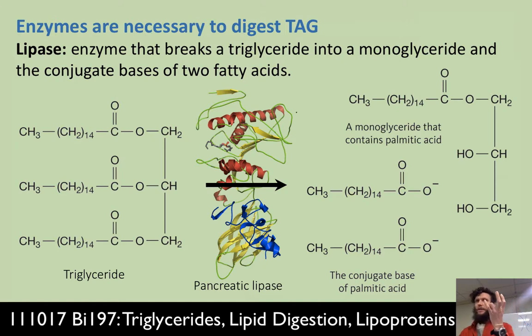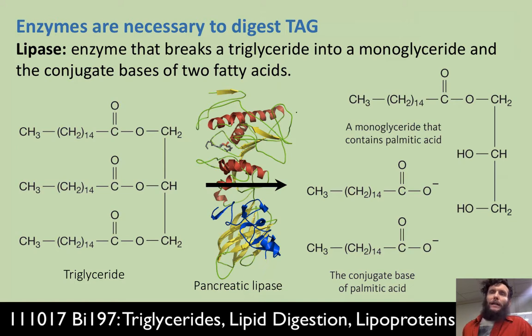And I said there was one other thing that we needed, and that was enzymatic digestion. The protein that does that is lipase. This is it. So just like previously when I talked about saponification and making soap, these triglycerides can be converted into a monoglyceride and two free fatty acids by the action of pancreatic lipase.